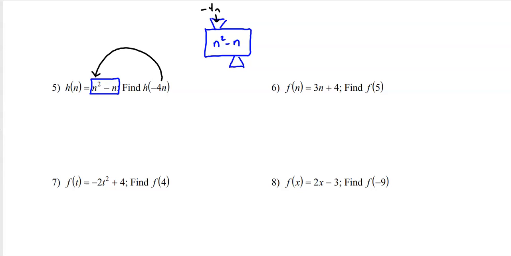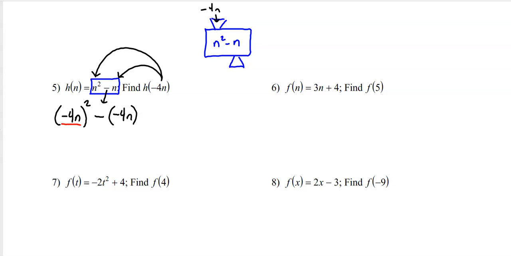So everywhere where you see an n, and there's 2 of them here, we're going to have to put it in twice. So we're going to have to put a negative 4n squared, and then minus, that's the minus sign, and then we got to do a parentheses and another negative 4n. So this one's a little bit tricky. So let's kind of battle this through.